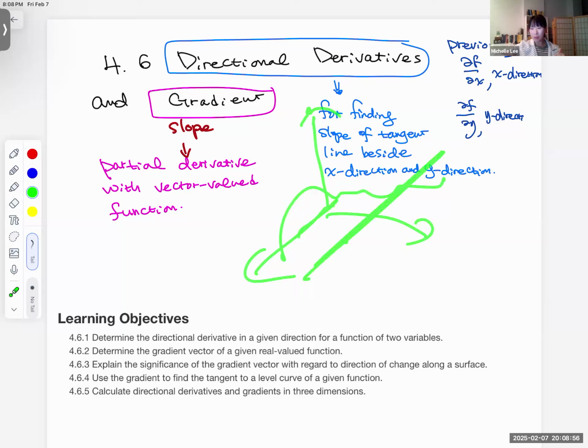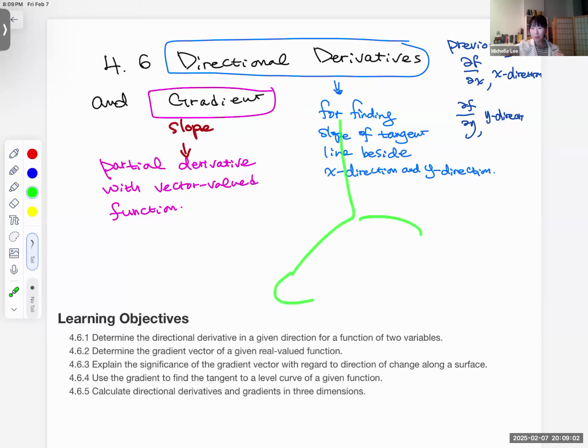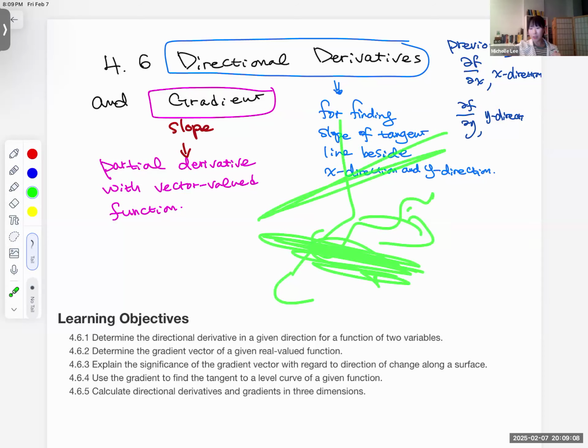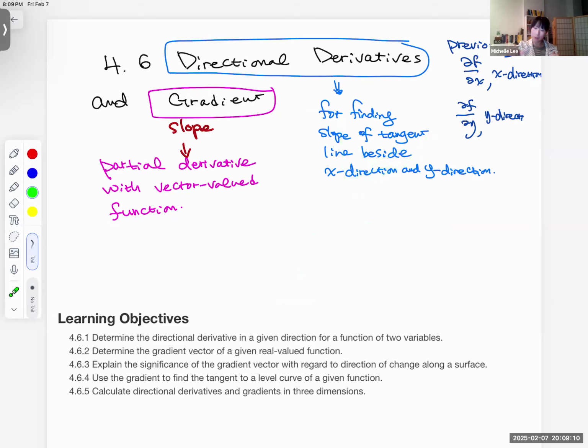So this is the x direction, find the slope of a tangent line. Find the slope of a tangent line in the y direction, right? What if we have this direction, or this direction, this direction, this direction, right? So that is the directional derivative.